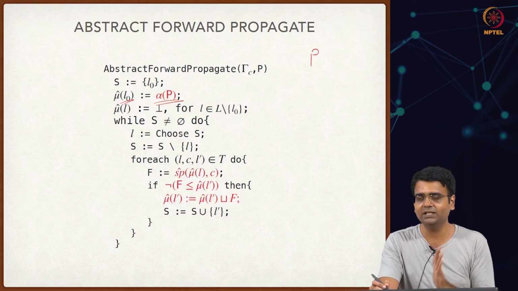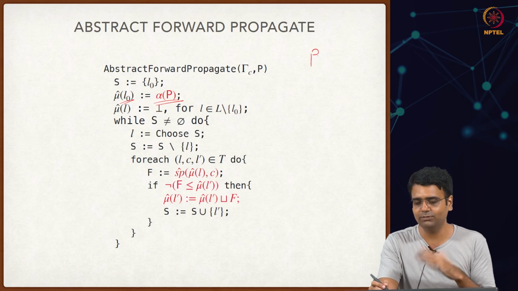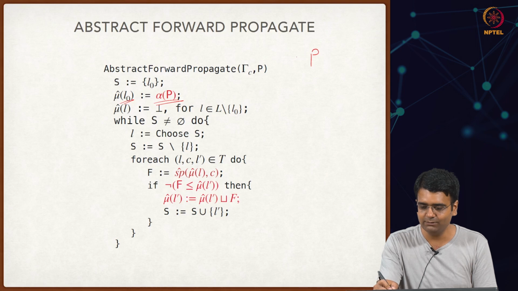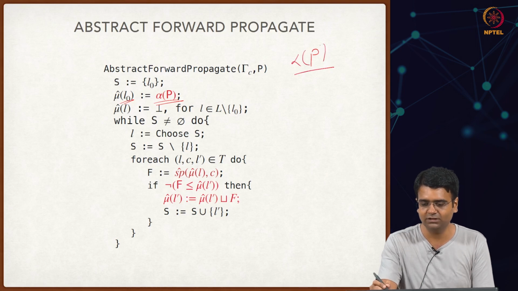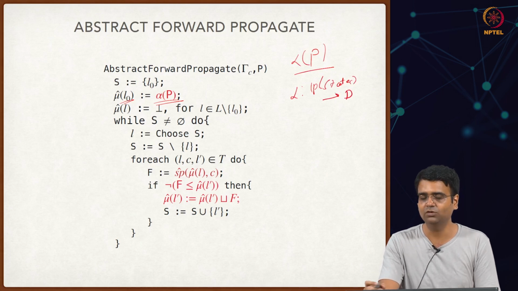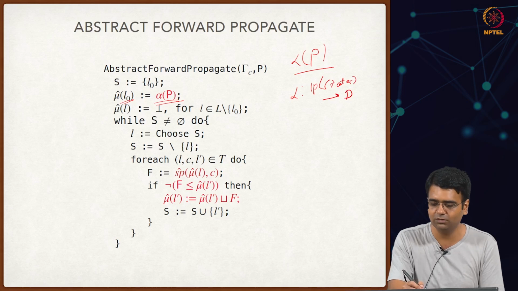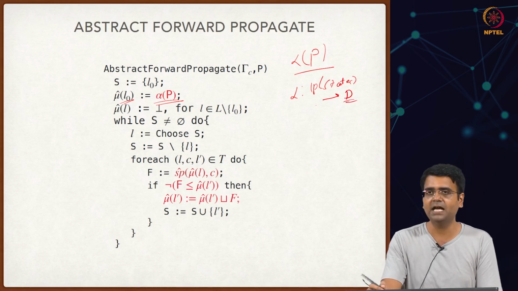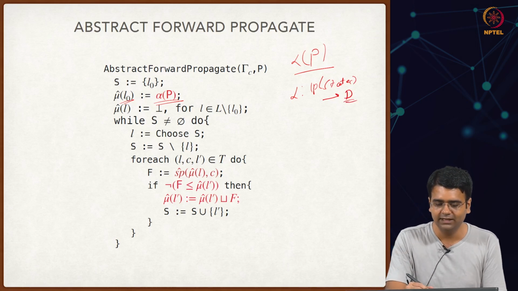We must use an element of the abstract domain to express the set of states encoded by this formula P, and I get that by applying the abstraction function. Remember, the abstraction function is from the set of program states to an element of the abstract domain. So by applying the abstraction function on P, I get the appropriate element of the abstract domain which I need to initialize at the location L0.